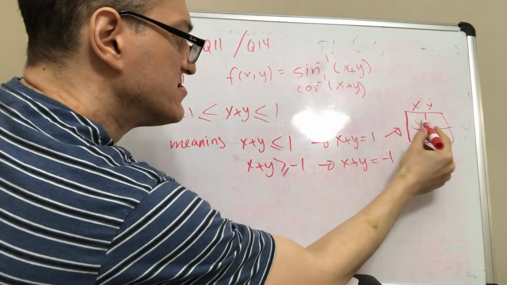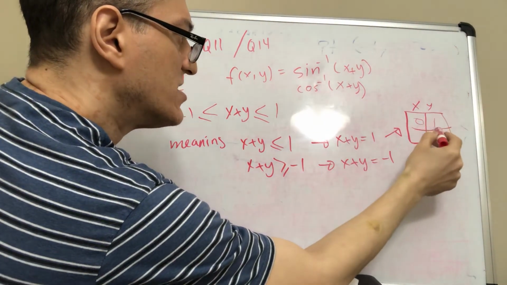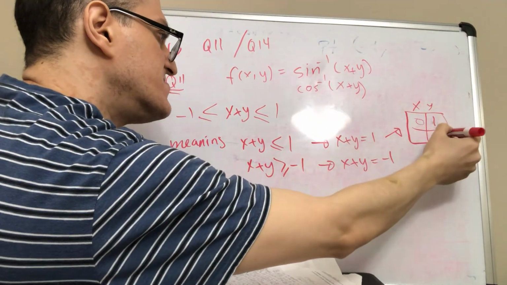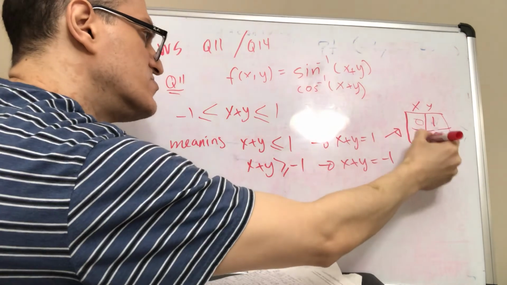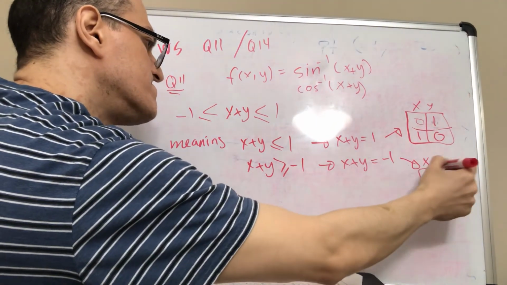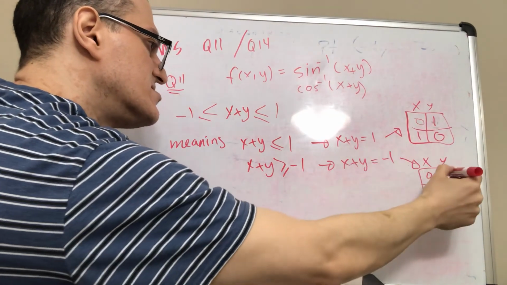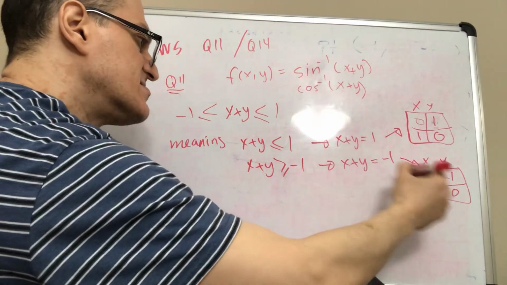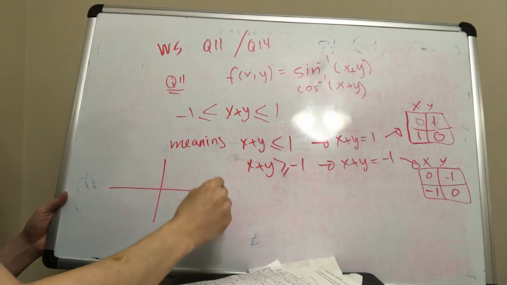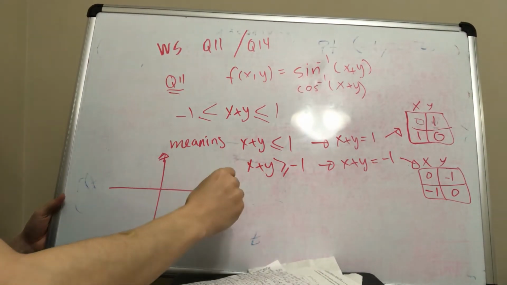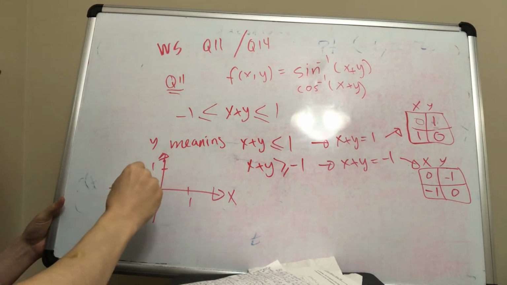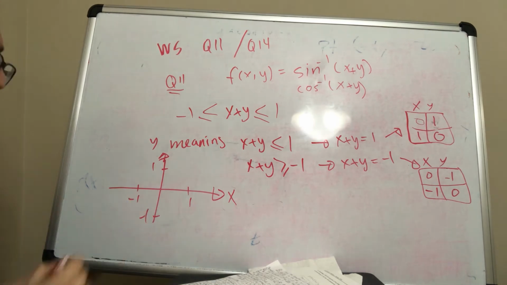If you set this to 0, this is 1. If you set this to 0, minus 1. So you go here, x, y, 1, 1, negative 1, negative 1.